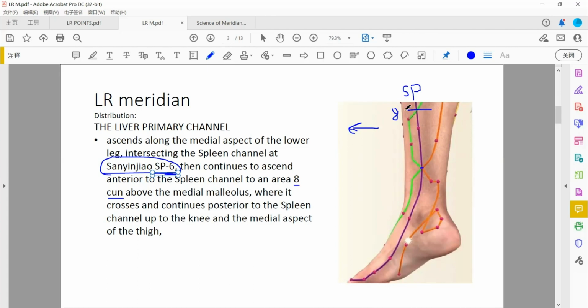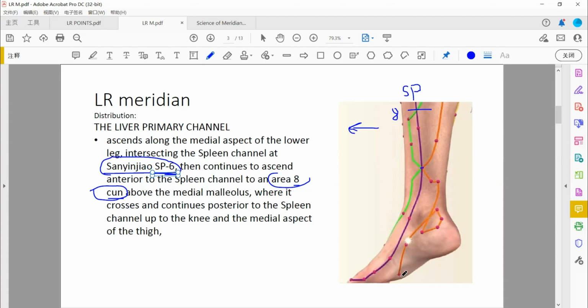But above 8 寸, the liver meridian goes posterior to the spleen channel. So we need to remember the area 8 寸 above the medial malleolus. The position changed.